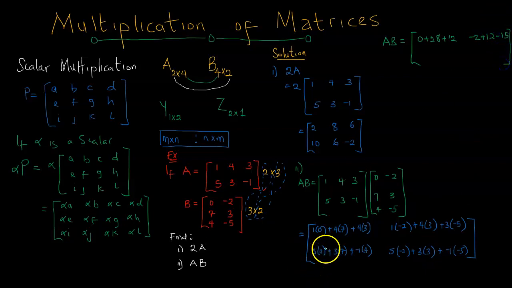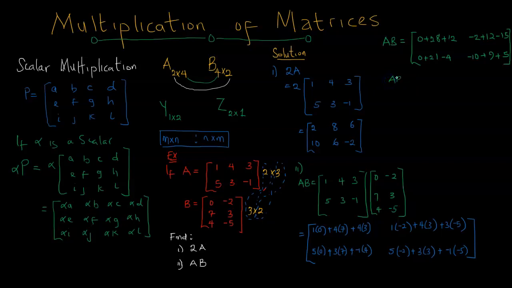The next one, 5 times 0, that's 0. 3 times 7, that's 21. Negative 1 times 4 is a negative 4. The final part, 5 times negative 2, that's negative 10. 3 times 3 is 9. Negative 1 times negative 5 is a positive 5.